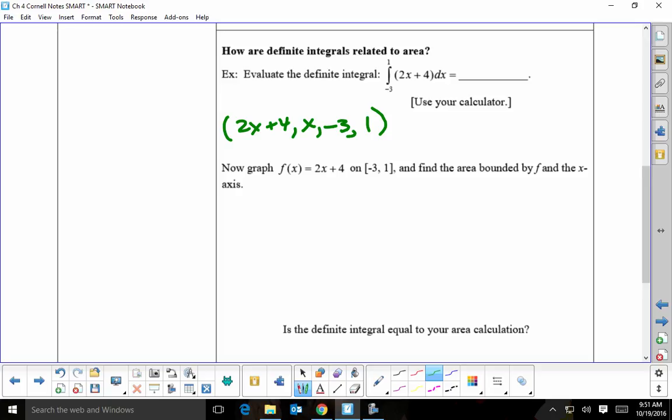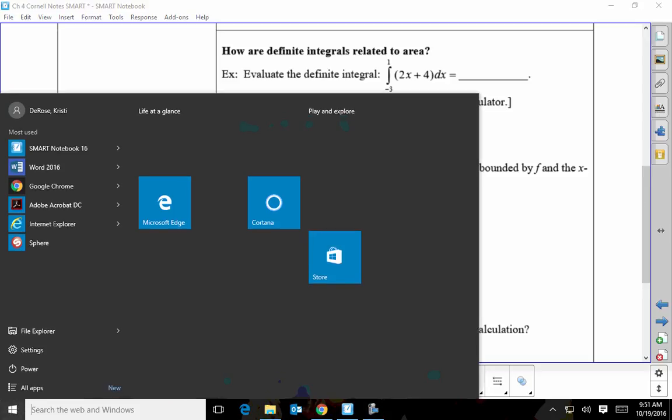How many of you guys have the 84? That's where you go to math. So on the 84, you go to math. And I can show you. Here's my TI.